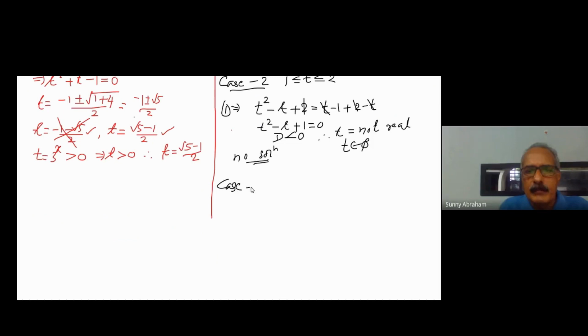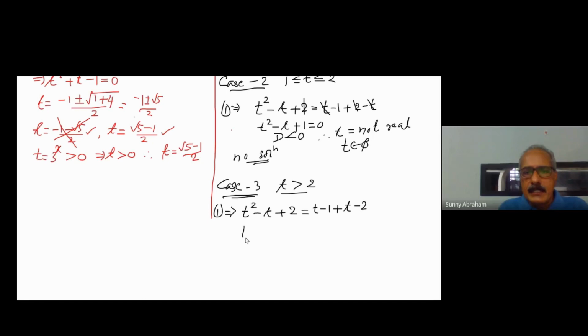Case 3: t is greater than 2. When t is greater than 2, the equation becomes t² − t + 2 equals, both the terms on the right-hand side are positive, therefore t − 1 + t − 2.